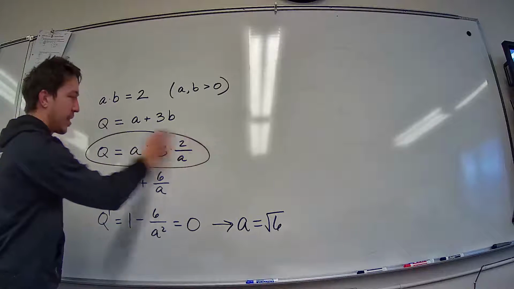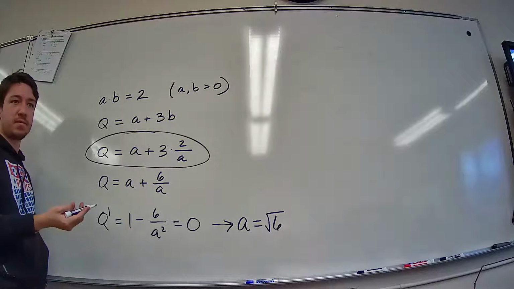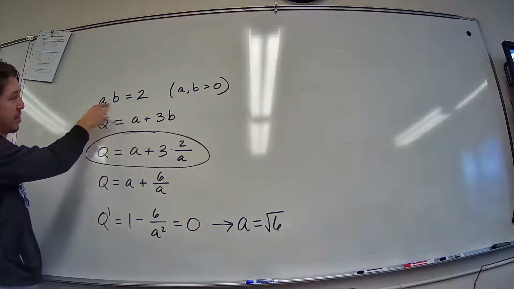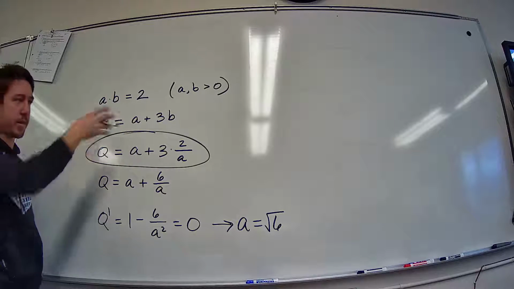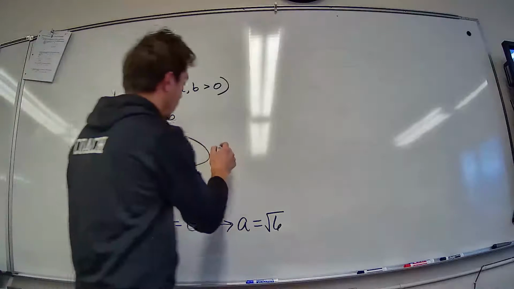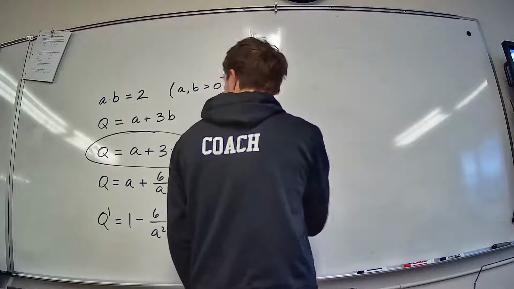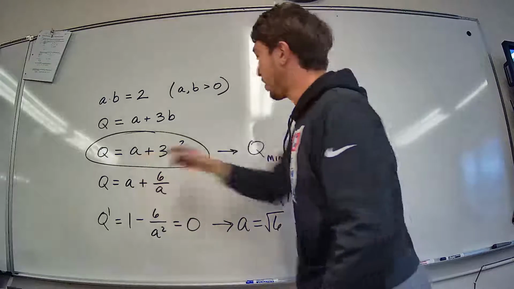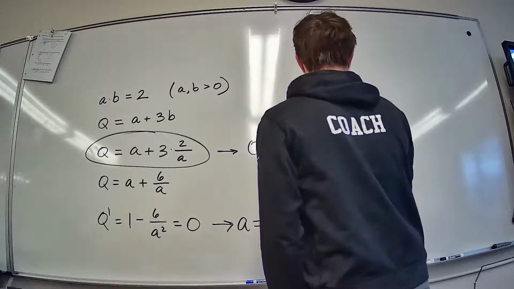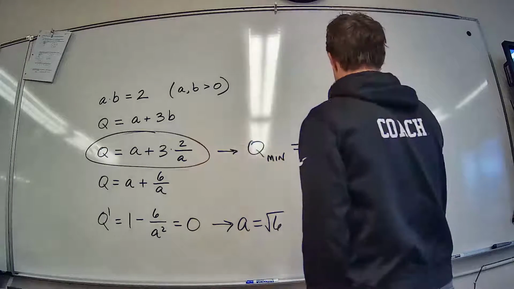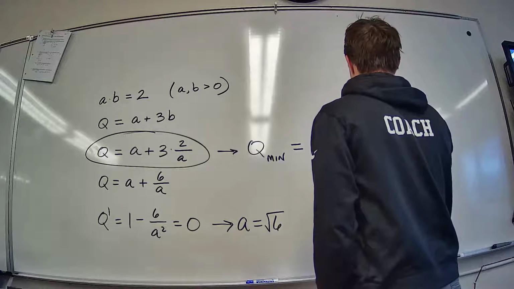Let's plug it into this, right? Because I certainly could. If a is root 6, then b is 2 divided by root 6, and then we could sort of get the idea. So Q min is going to be root 6 plus 6 over root 6.